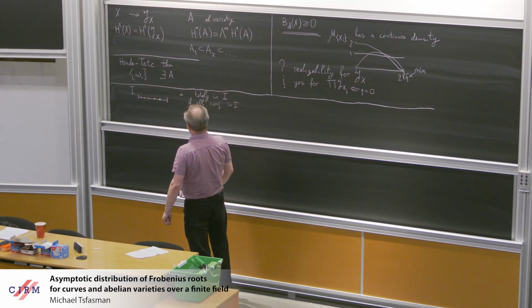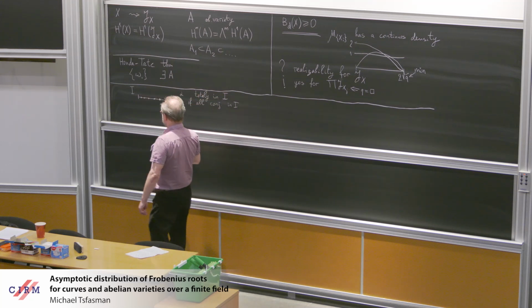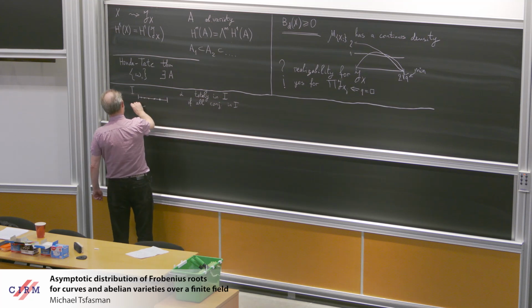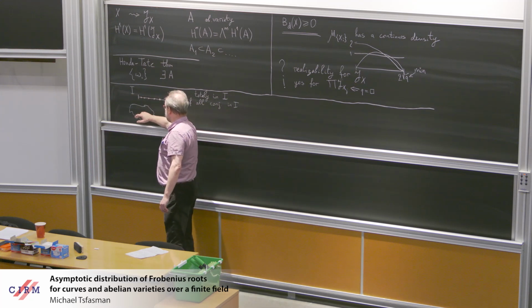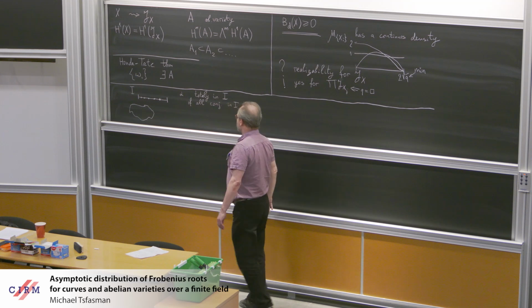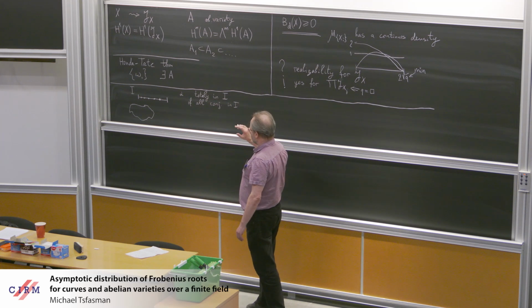And of course, I can ask the same question for any domain in C. So if I have some domain in C, I also can ask how many algebraic integers are there totally lying inside.